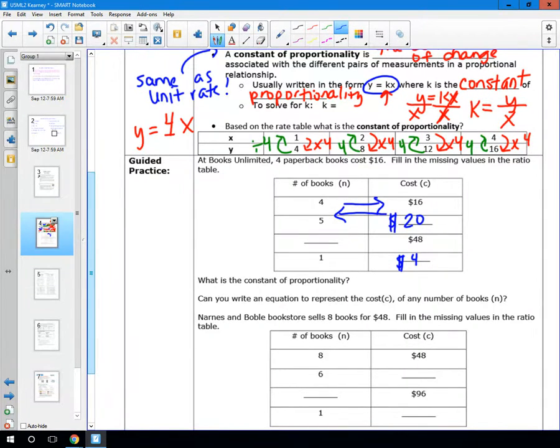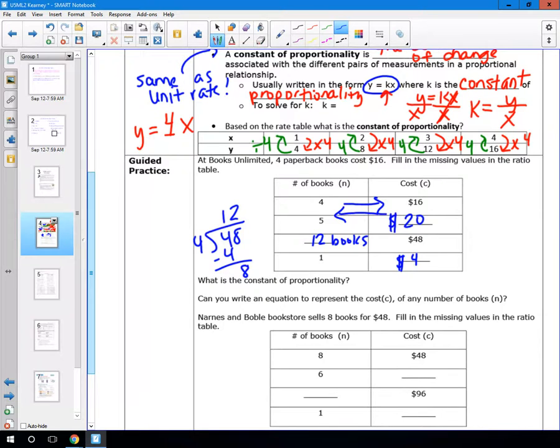And if 1 book is $4, how many books can I buy for $48? So I'm going to say 48 divided by 4, and that would be 12 books. So we filled in the chart.